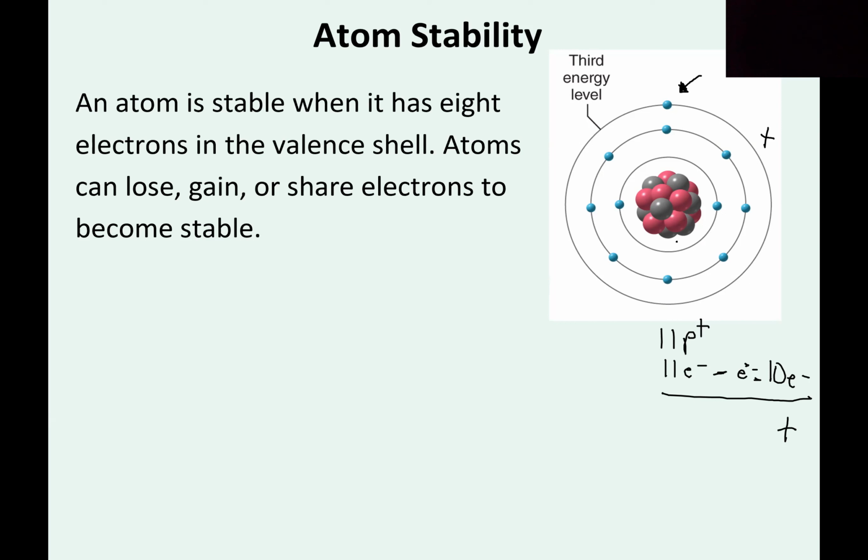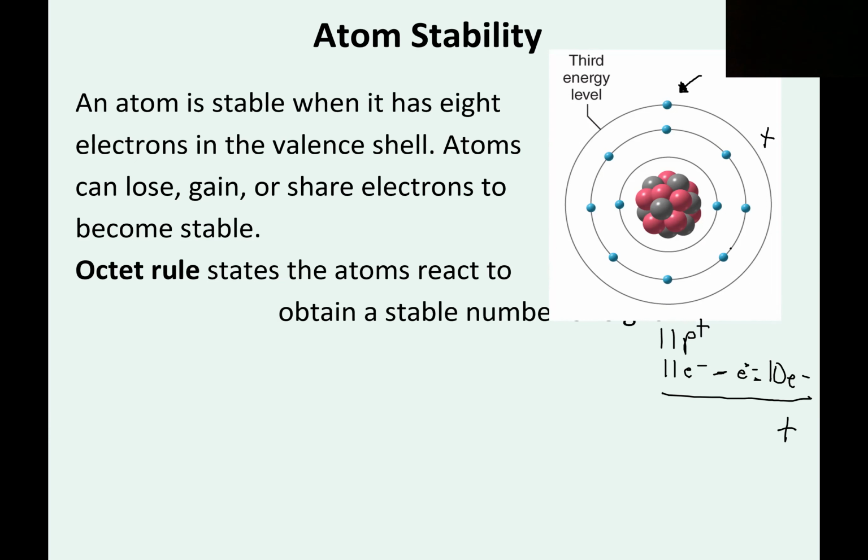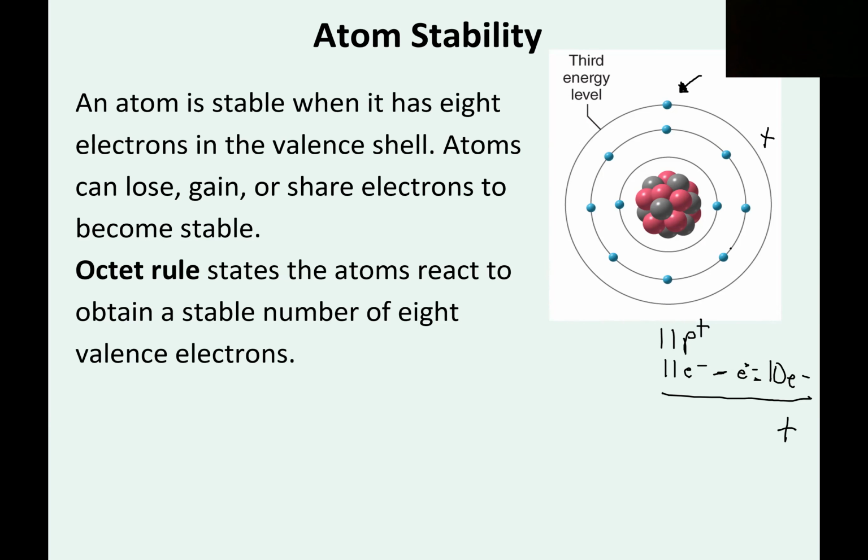If it gains 2, then it's going to have a negative 2 charge. Because 8 is the magic number, we call it the octet rule. The octet rule states that an atom is going to react in order to become stable, which is to have 8 electrons, except for the first shell, which is only 2.